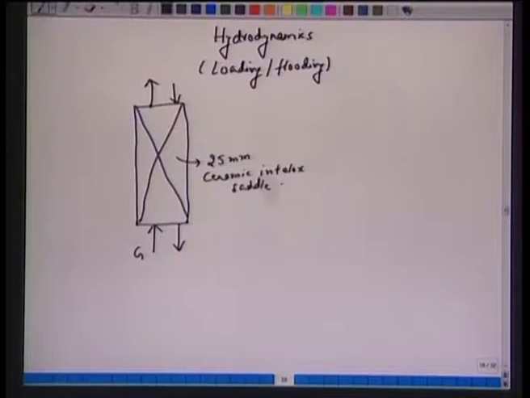Here it is given that the flow rate of this flue gas is 0.8 cubic meter per second. Temperature is given as 30 degree centigrade, pressure is 1 bar, and this flue gas contains 7% of sulfur dioxide, given volume by volume.